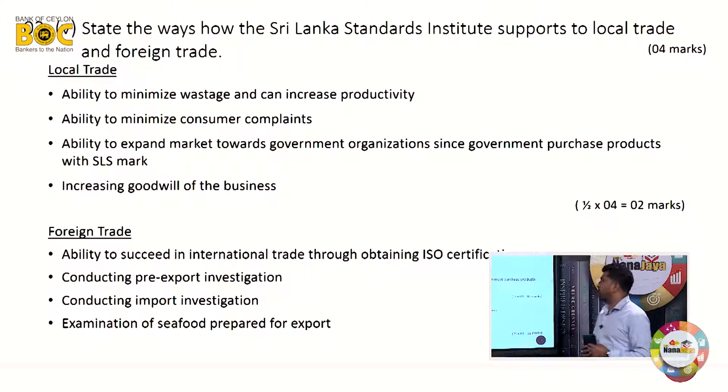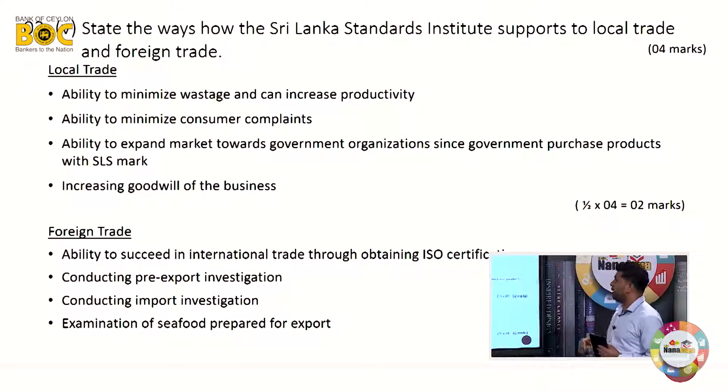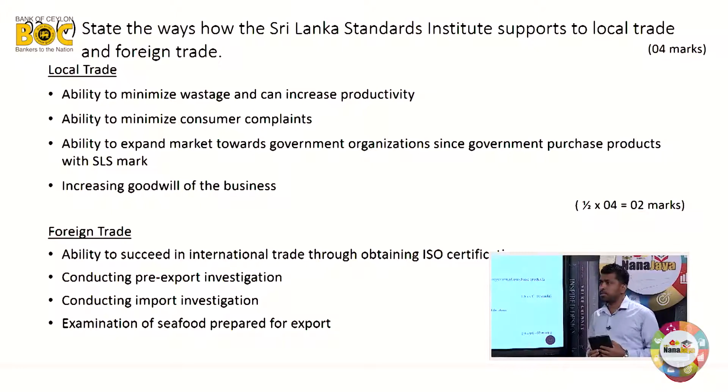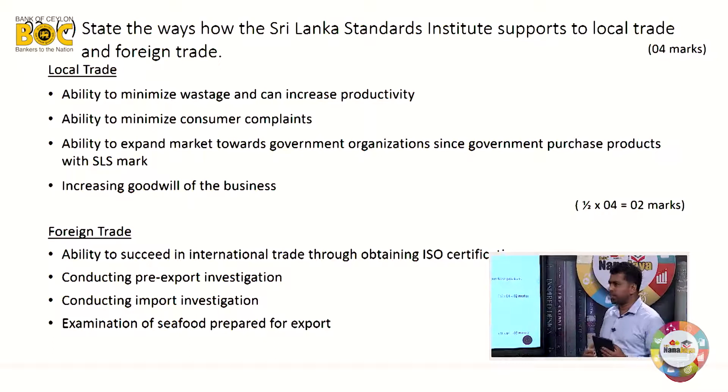By following guidelines in SLS certification, traders or manufacturers can minimize wastage as well as cost and increase productivity, and can minimize customer complaints. The products with SLS mark are quality products, so customer complaints can be minimized because they are quality products.